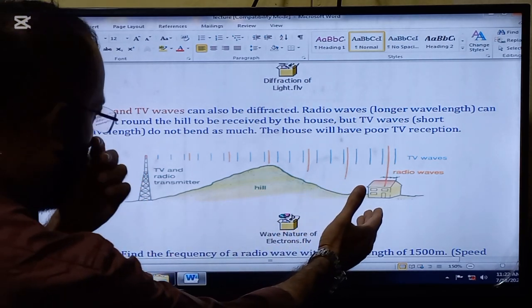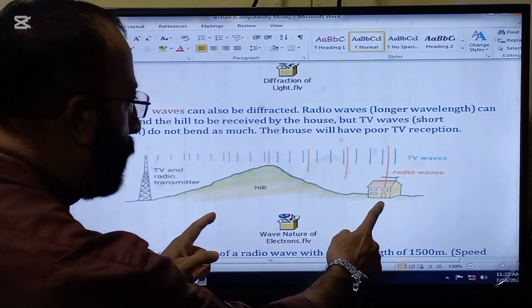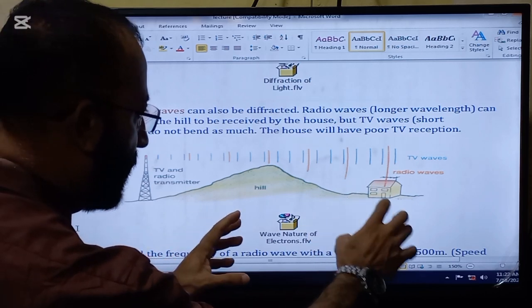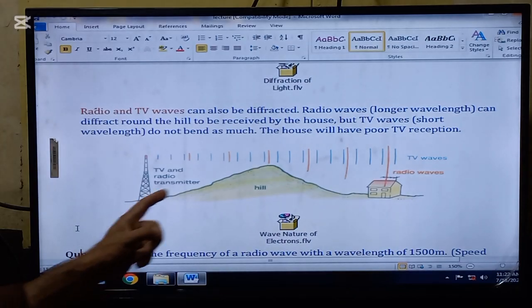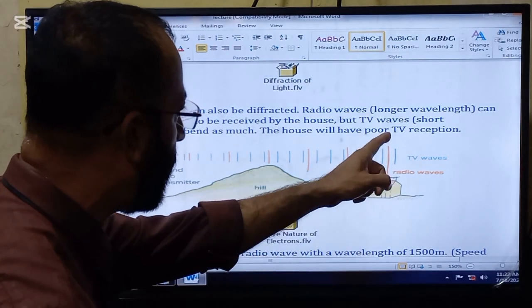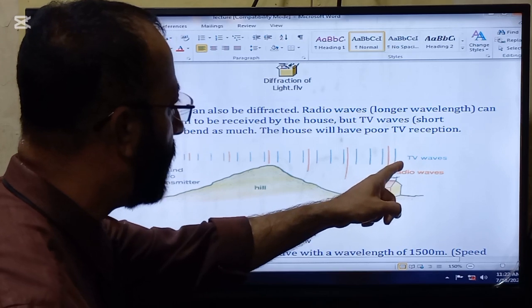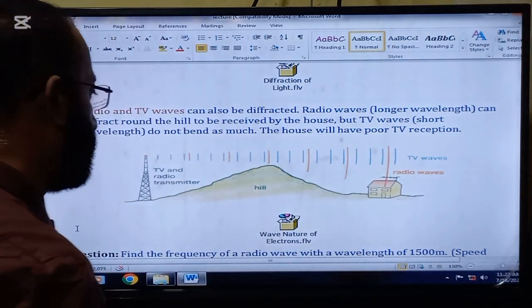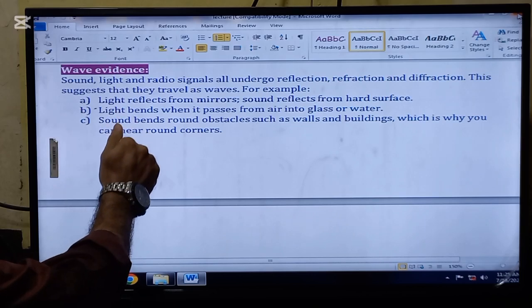That's why the house on the other side of the hill will have poor TV signals but strong radio signals at the same time. So this red line is radio waves, and these shorter lines are TV waves. The next topic that we are going to read in the lecture is wave evidence.